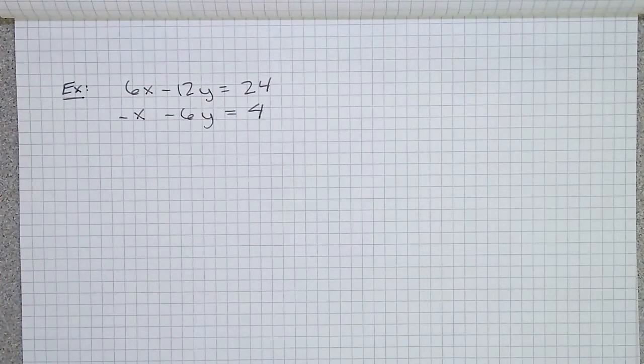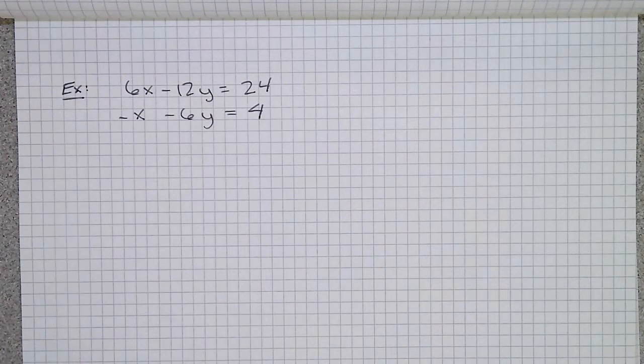Okay, we'll walk you through another one here. We've got 6x minus 12y equals 24, and negative x minus 6y equals 4.